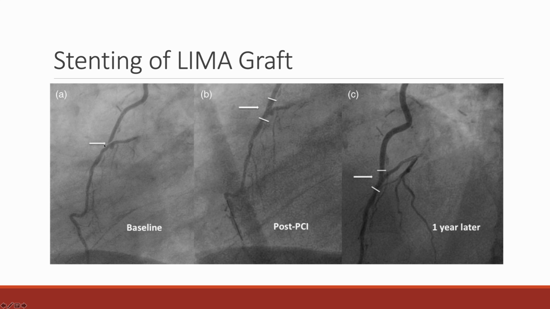So what they did here is they did some procedure. I don't know if there's a stent in there. I can't tell for sure, but it looks like there probably is a stent that's been put in there to resume blood flow to that LAD segment from the LIMA graft. And then you can see a year later, it's still open and patent.